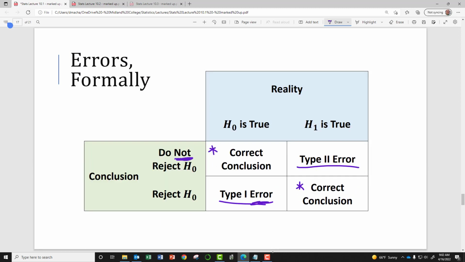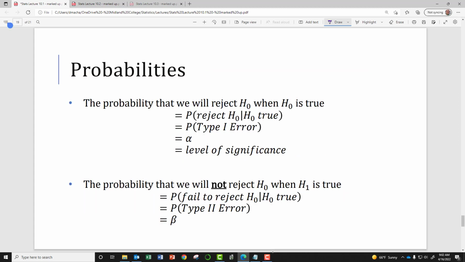Remember, rejecting the null hypothesis when the null hypothesis is true, that was a type 1 error. And we have a symbol to use whenever we're talking about the probability of a type 1 error. The probability of a type 1 error is going to be represented by alpha. And we're going to call alpha the level of significance.